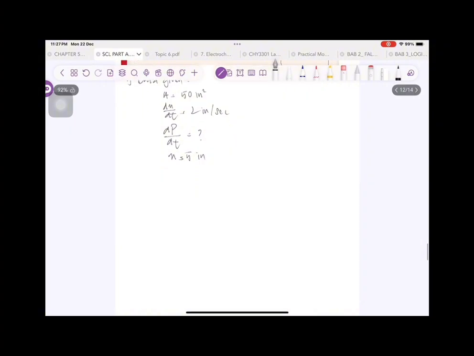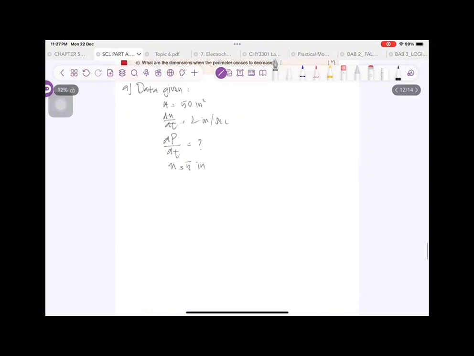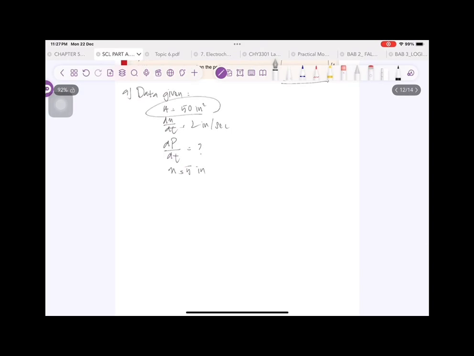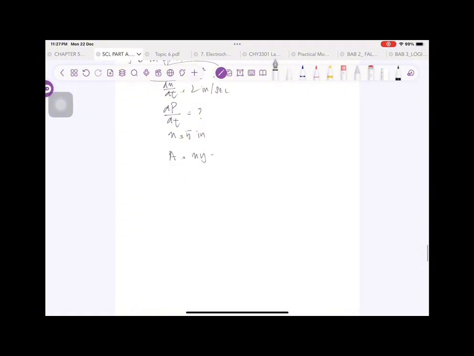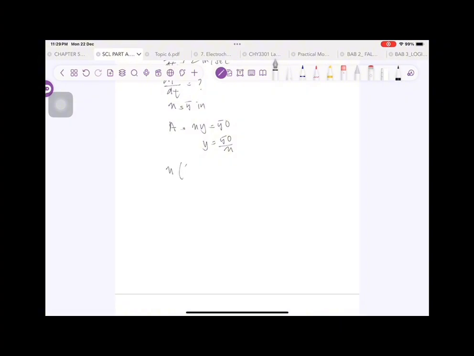Firstly, from the area, A equal to 50 inches squared, you can get a formula: A equal to xy equal to 50. So y equal to 50 over x. You have to differentiate the equation: x dy over dt plus y dx over dt equal to 0.